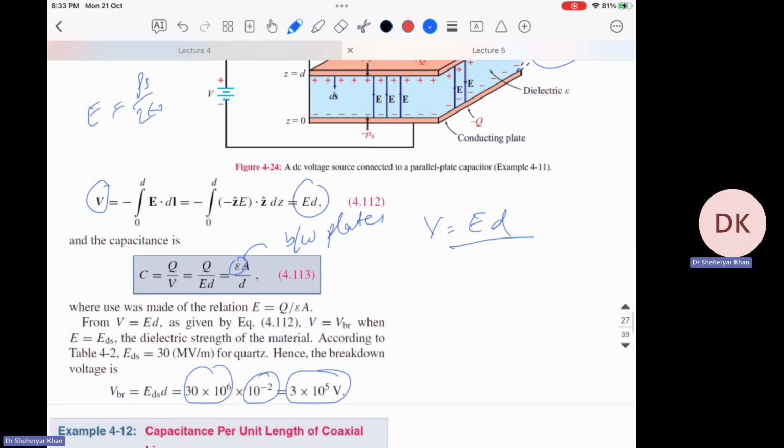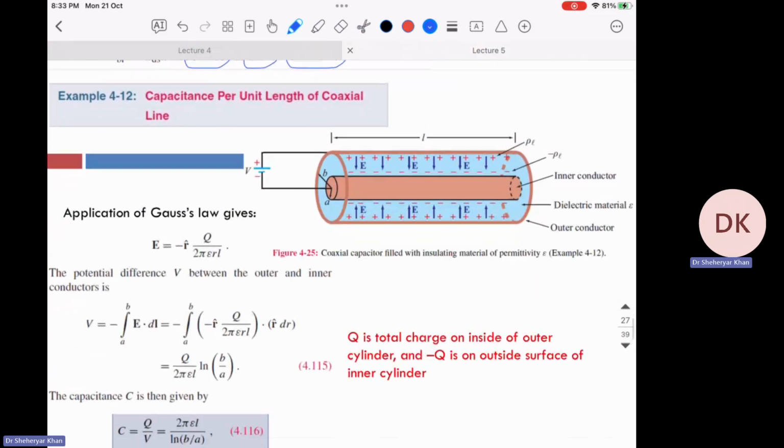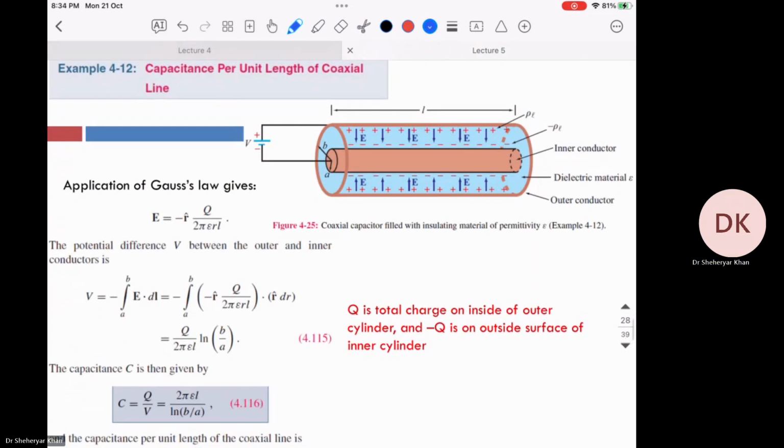When it reaches 3 times 10 to the power 5 volt, it will break down, there's a collapse between the two plates. The polarization will no longer exist. That's how you find the breakdown.